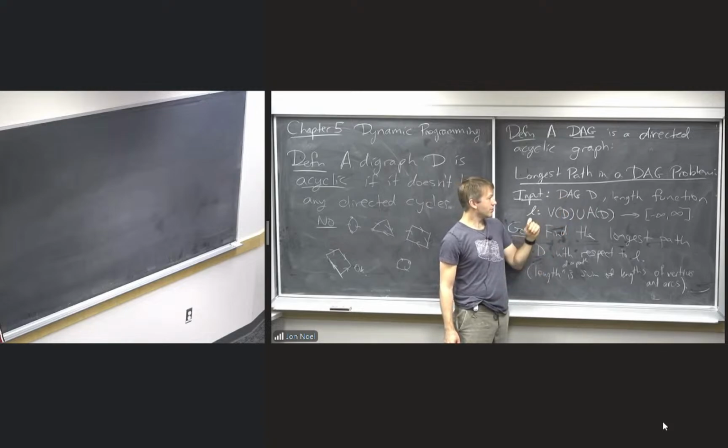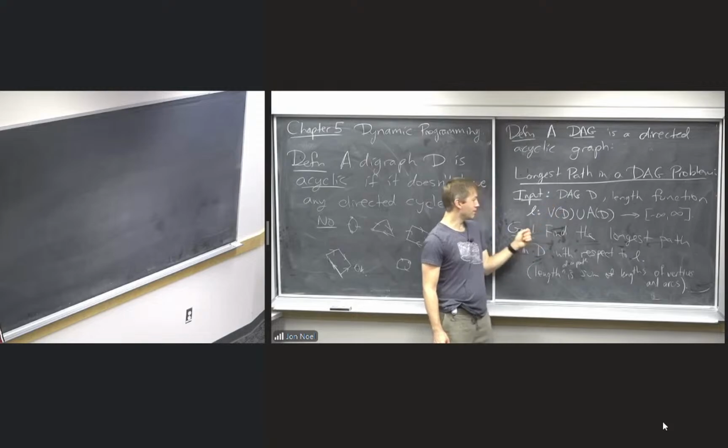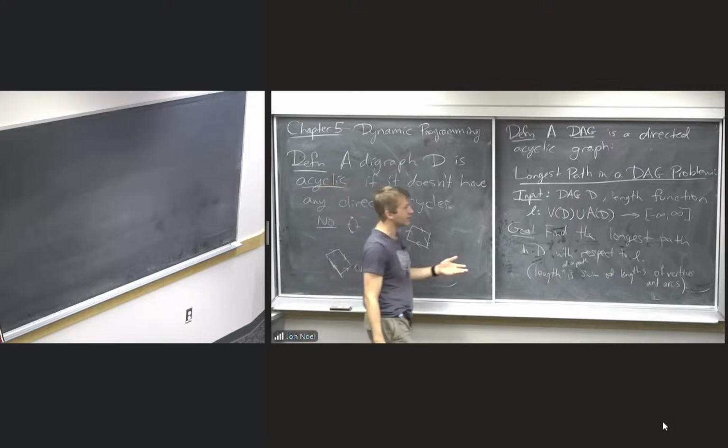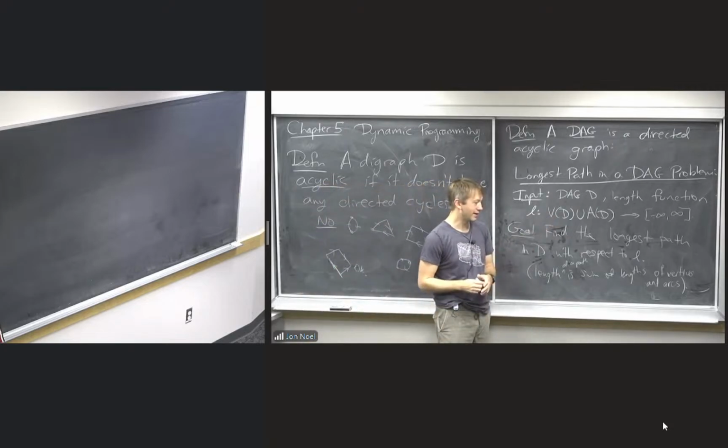But actually, we already know how to solve this in a fairly short amount of time. Remember the conservative length functions: if there are no negative cycles in the digraph, then you should be able to solve longest path, shortest path, any of these sorts of things. And you also gave a linear program that solved that on one of the assignments.